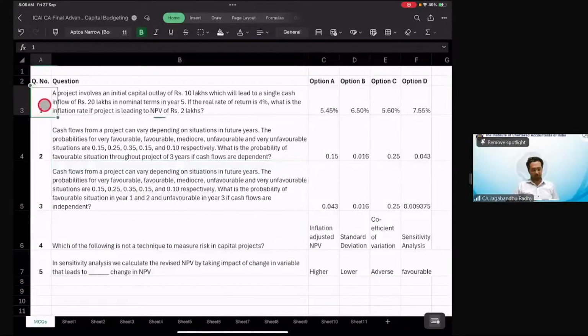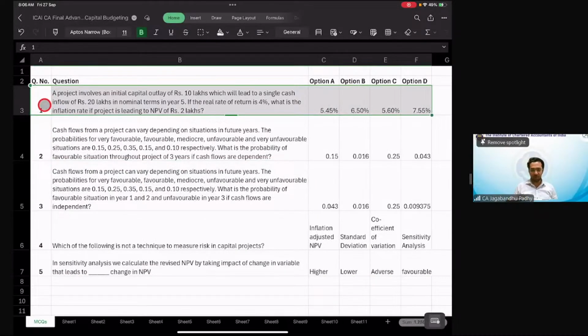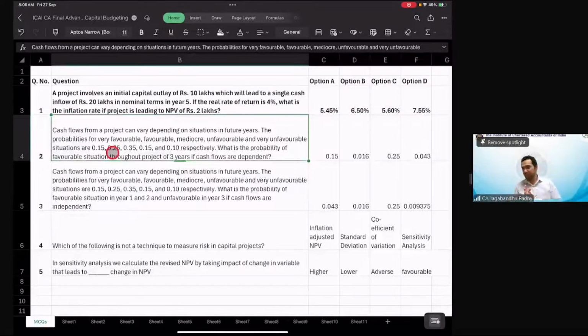What will be the correct option for question number 1, guys? Come on, question number 1. Give me the answer. You've got 2 minutes for question number 1.